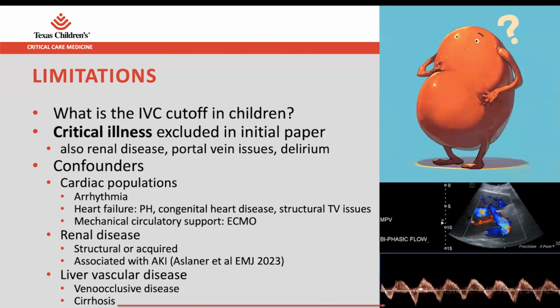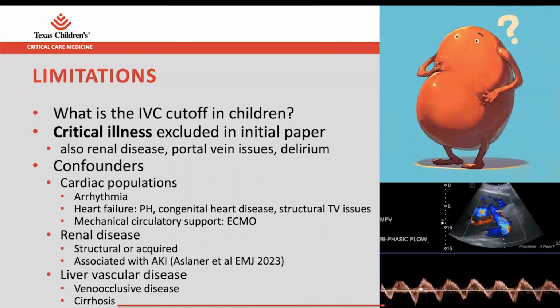And I know the question comes up, how could they be on pressors but not have critical illness? I don't know how to answer that one, but that was something that was in the original paper. For confounders, we have, of course, patients in the cardiac realm that have arrhythmia.